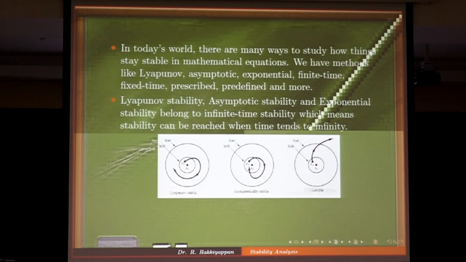Naturally, these are interesting factors used in recent times: finite time stability, fixed time stability, prescribed time stability, and also predefined time stability. There are so many other stability definitions also available in the literature.